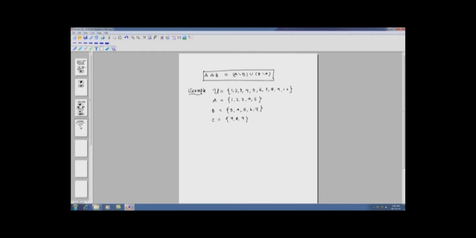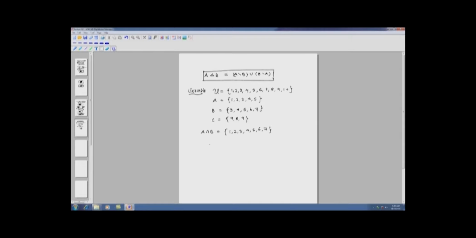Then A union B is 1, 2, 3, 4, 5, 6 and 7.